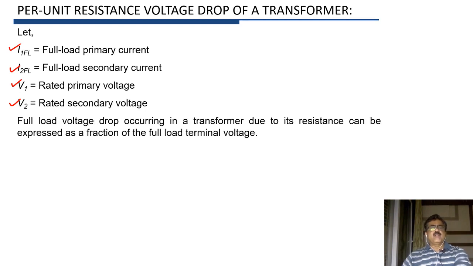Now we have to write the voltage drop in transformer due to its resistance as a fraction or percentage of terminal voltage. So if you refer to the primary side, what is the current on the primary side at full load? It is I1 full load. And what will be the voltage drop in resistance if we consider the equivalent circuit referred to primary? It will be I1 full load into R01.